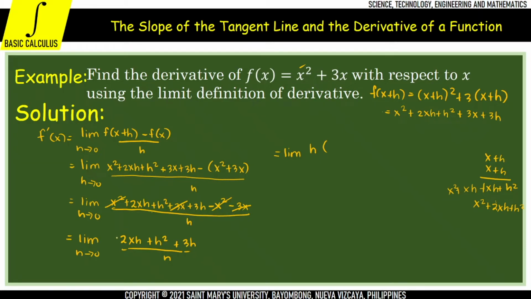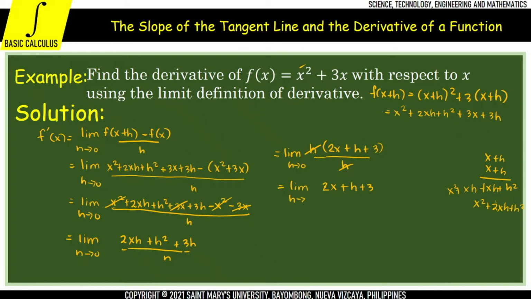Such as, kung tinanggal natin yan, the factor will be h times 2x plus, tanggalan natin ng isa, so we have h plus, tanggalan natin yung h, so we have 3, all over h as h approaches 0. Meaning, we can now cancel h in the numerator and denominator. So, we are left with the limit of 2x plus h plus 3.